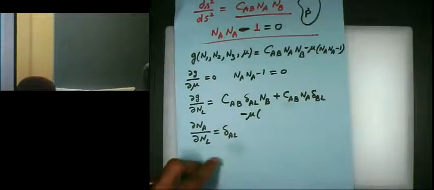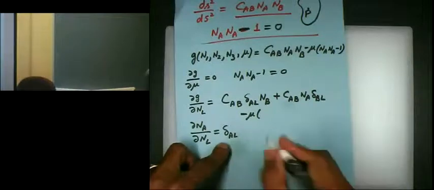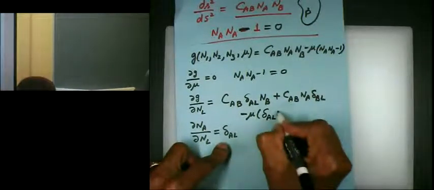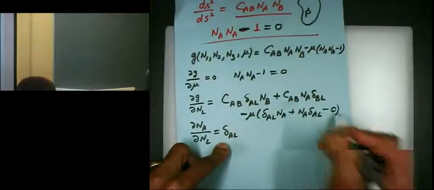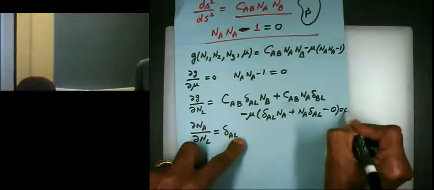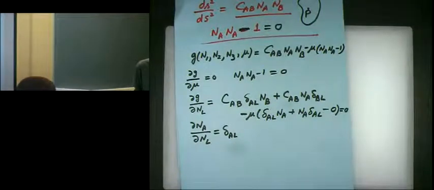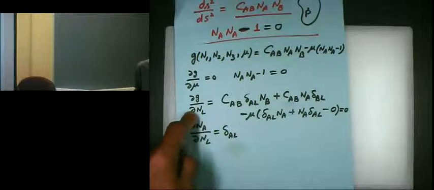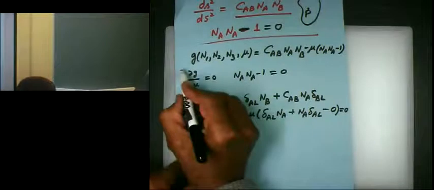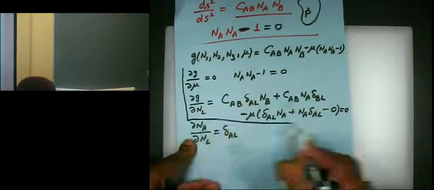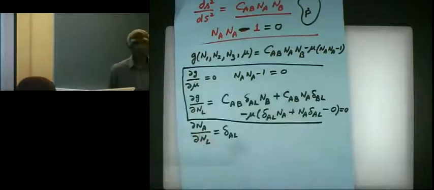It's written here, delta AL nA plus nA delta AL, minus 0. And this thing should be 0 for L equal to 1, 2, and 3, so these are three equations. So we have 4 equations to solve for mu, n1, n2, and n3.